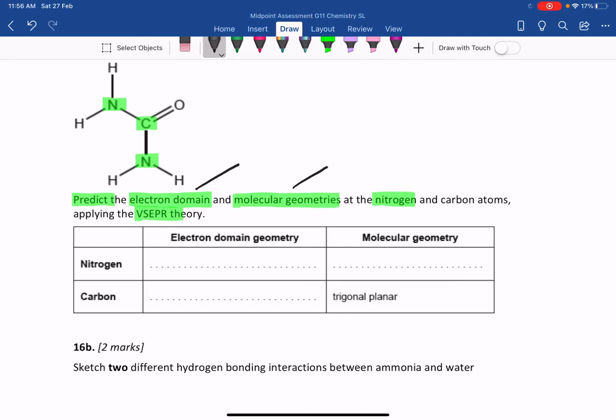The electron domain geometry is what we have in class sometimes referred to as the base geometry. It's basically what it's like assuming all bonds are present. Basically, it's looking at how many electron domains we have.